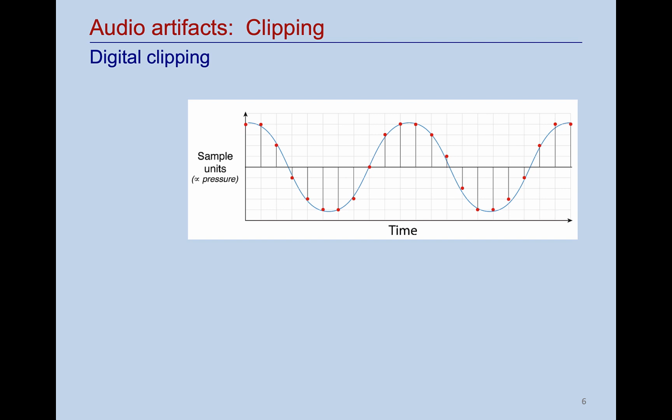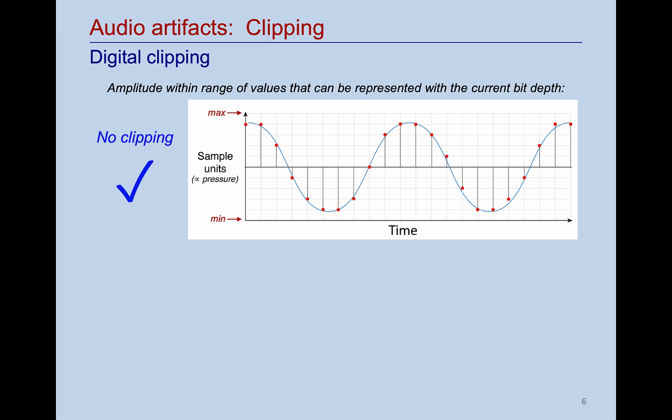Depending on the bit depth or sample size of the digitizer, which is typically either 16 bits or 24 bits, there is a specific minimum sample value and maximum sample value that the digitizer can produce as output. In the case shown here, the analog waveform never goes below the minimum sample value or above the maximum sample value. So in this case, we're able to produce an accurate digital representation of the original analog sound pressure waveform, and we have no clipping.